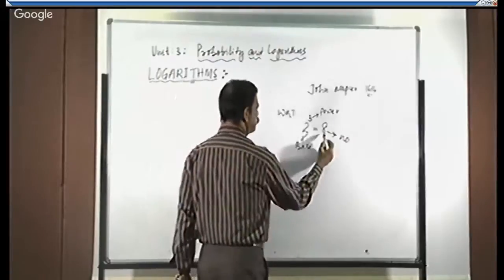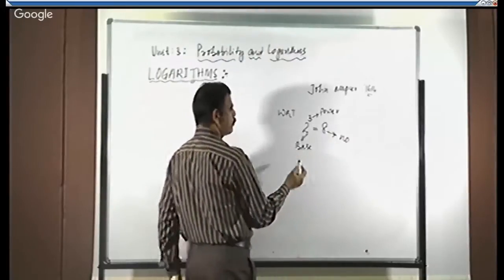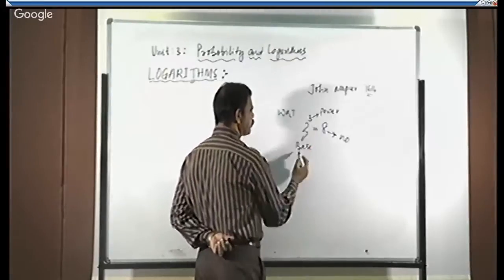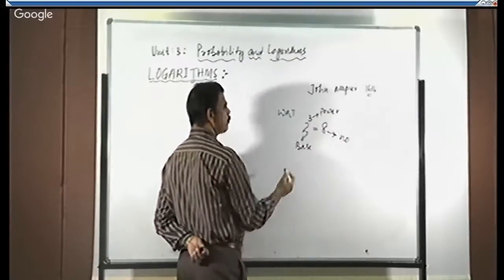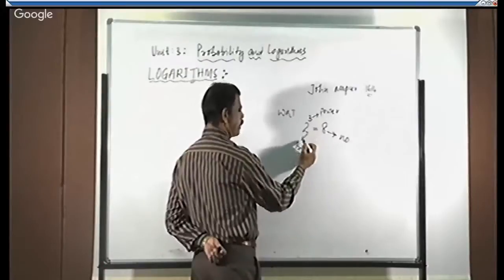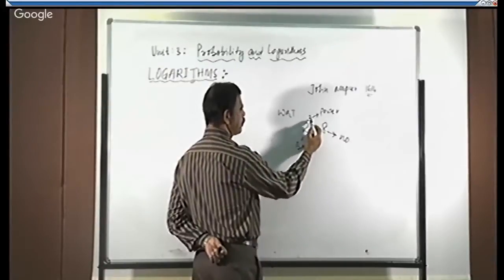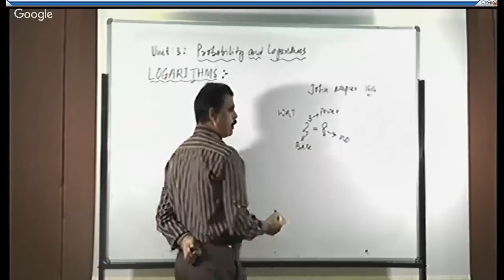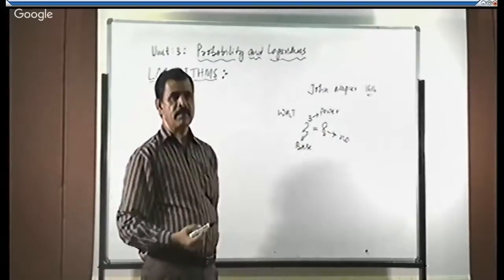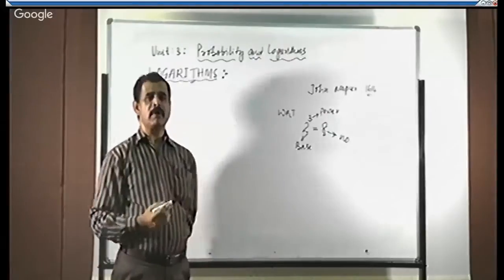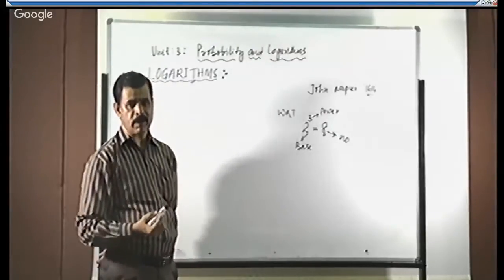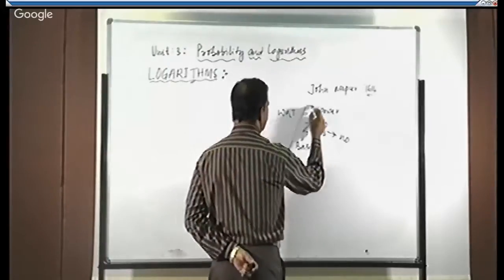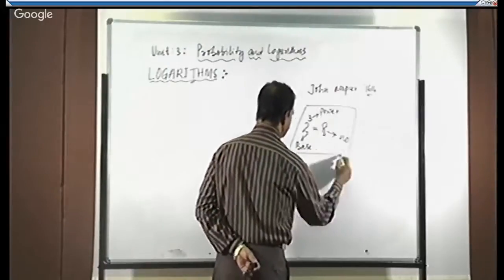For understanding purpose, please have in your mind: this is base, this is index, or we will call it power, and this is number. For any base, if you put any power, definitely you will get some number. So the same thing we will consider in defining a logarithm.